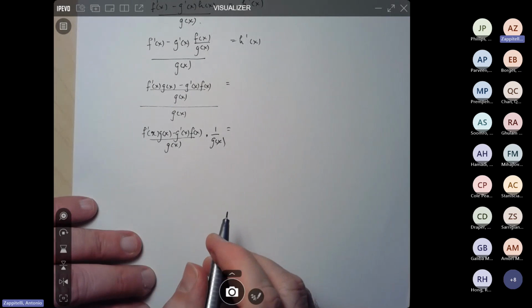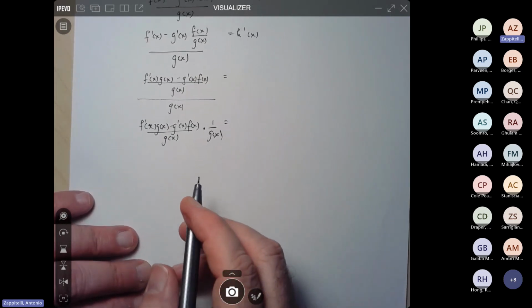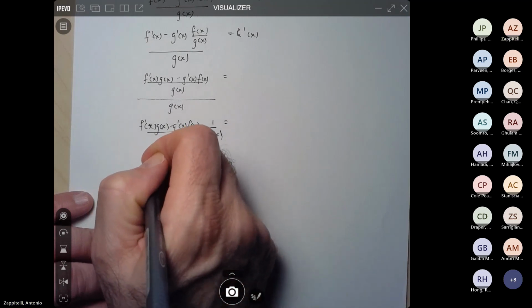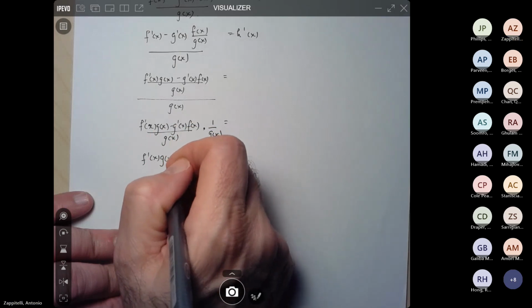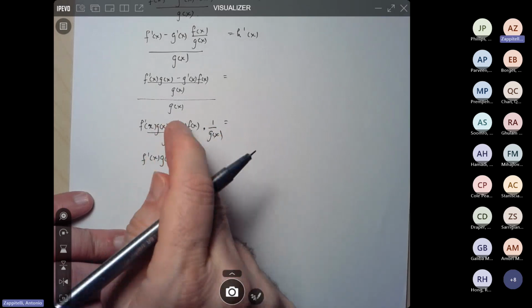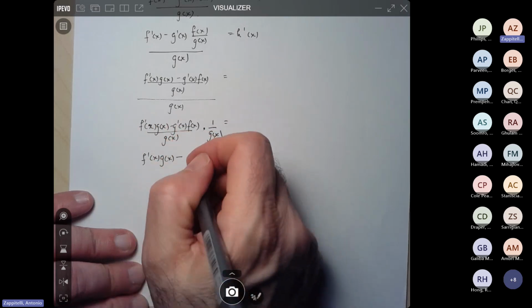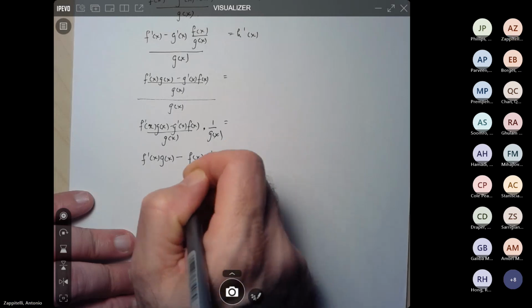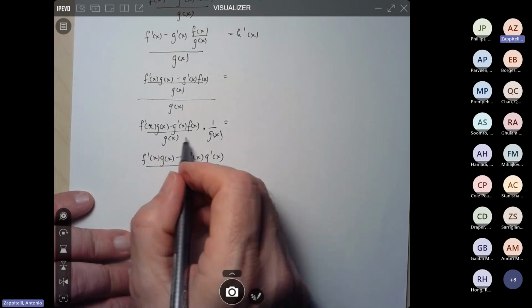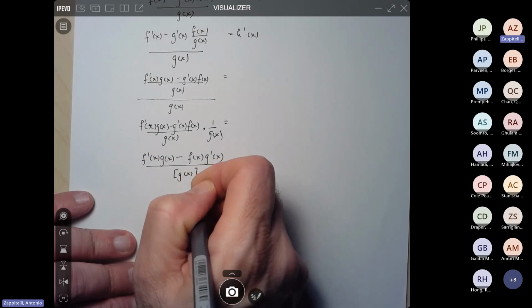And finally, we're going to get something that is a little more intuitive to work with. So f prime of x, g of x, minus, I'm just going to flip these around, and you'll see in a second why. f of x times g prime of x. And then all over, well, g of x times g of x is g of x squared.